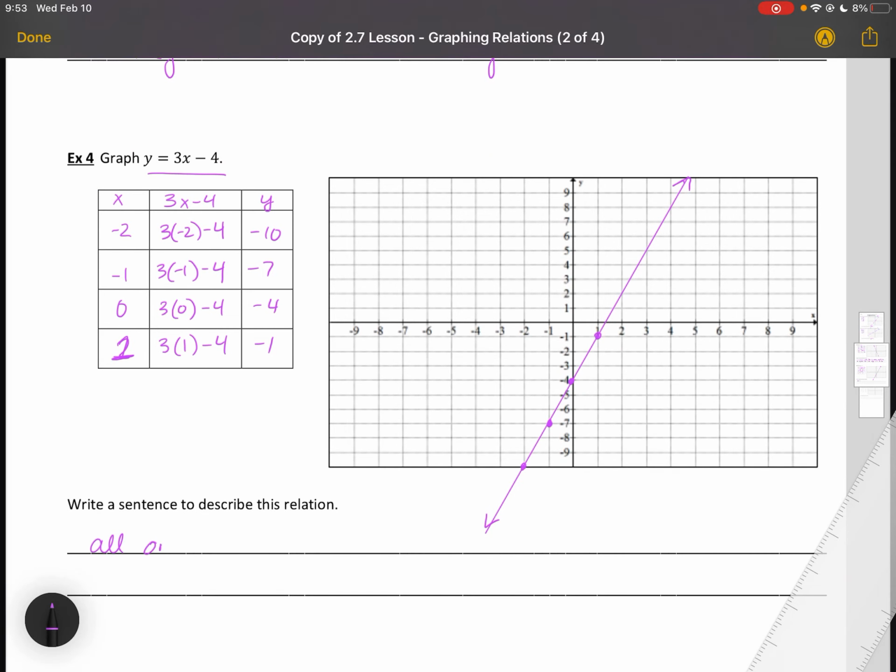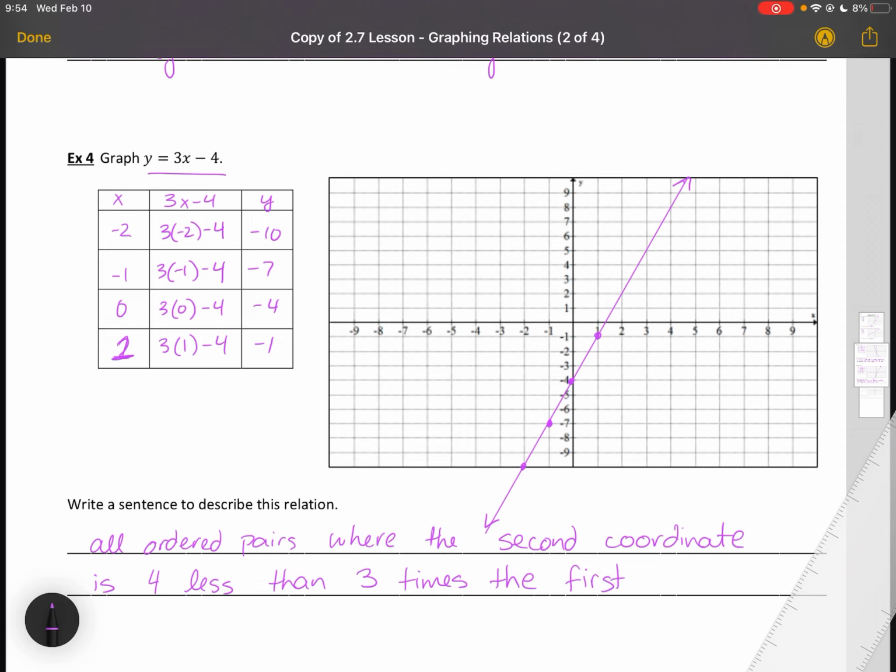So we can say all ordered pairs where the second coordinate is 4 less than 3 times the first. Now let's think about it.